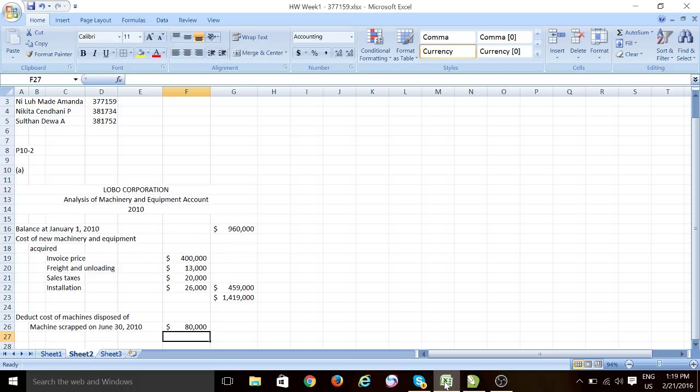Here on this account, we are not calculating the accumulated depreciation account, but we still need to put the accumulated depreciation account on the statement of financial position. But in this account, we can just ignore it.